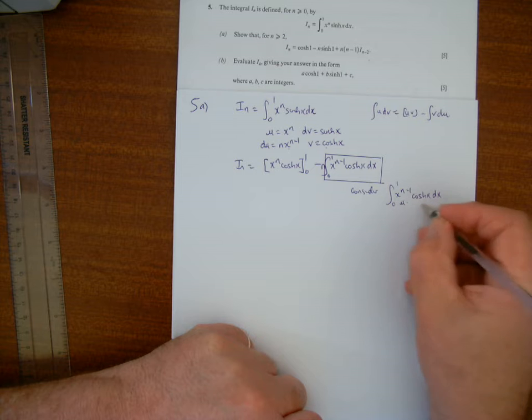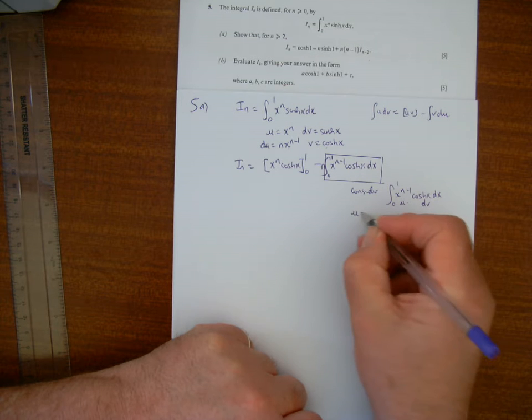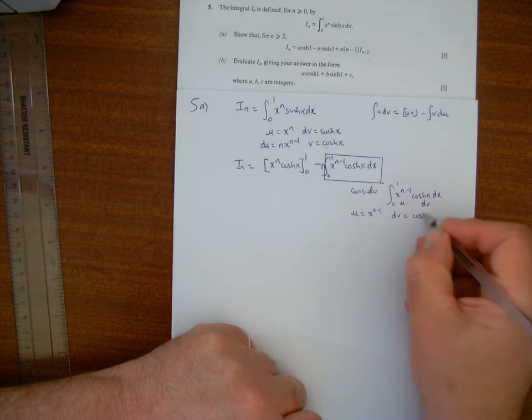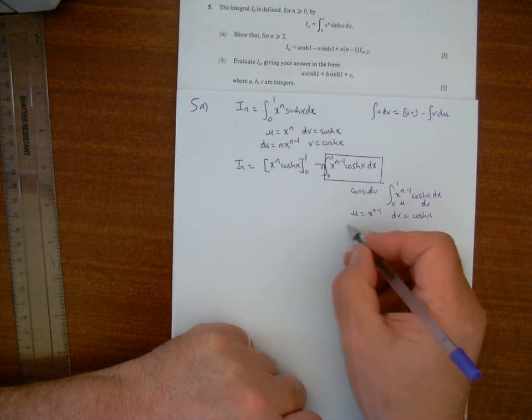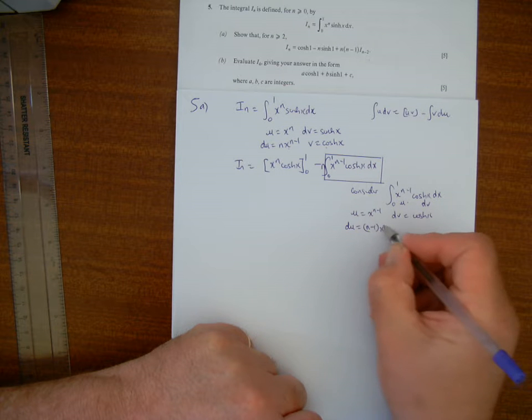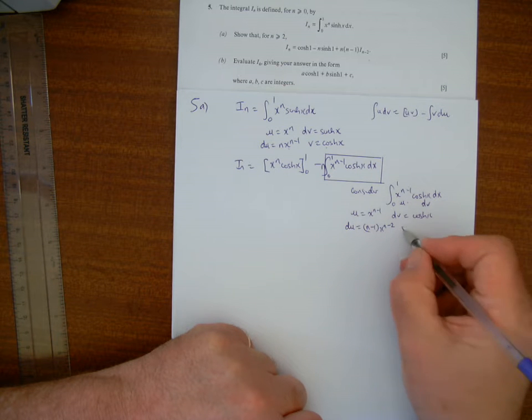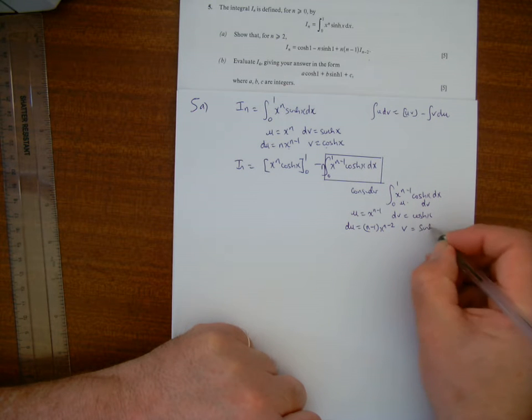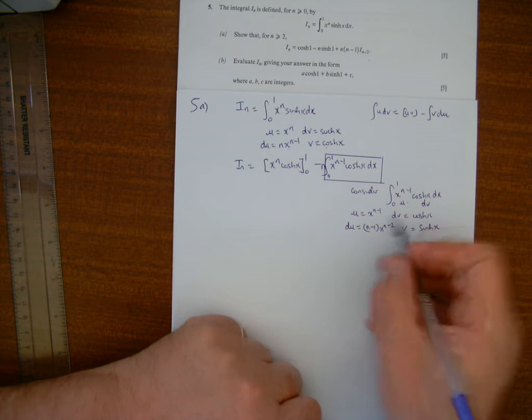So u dv, so u is x to the n minus 1, dv is cosh x. Differentiating, du is n minus 1 x to the n minus 2, and v, if I integrate cosh x, I get sinh x.